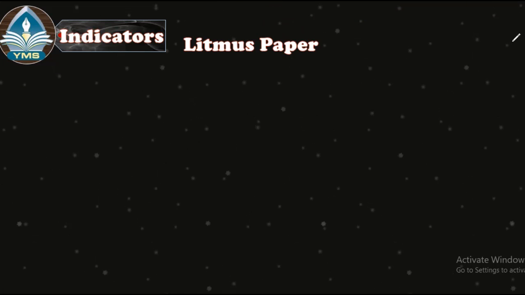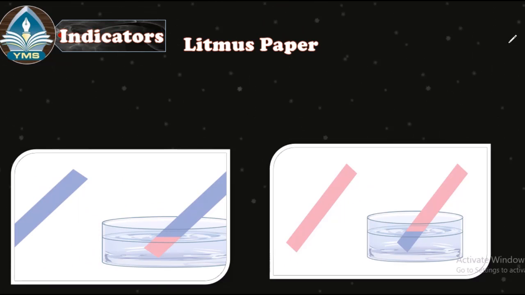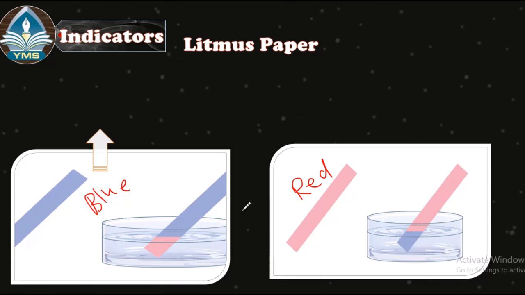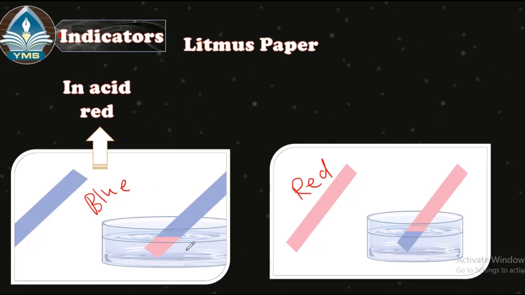Let's look at another indicator here. We have litmus paper. We spoke about them before. We have two types of litmus paper. We have the blue, and we have the red litmus paper. And the blue in acid turns red. If you look here, it turned red on this side.